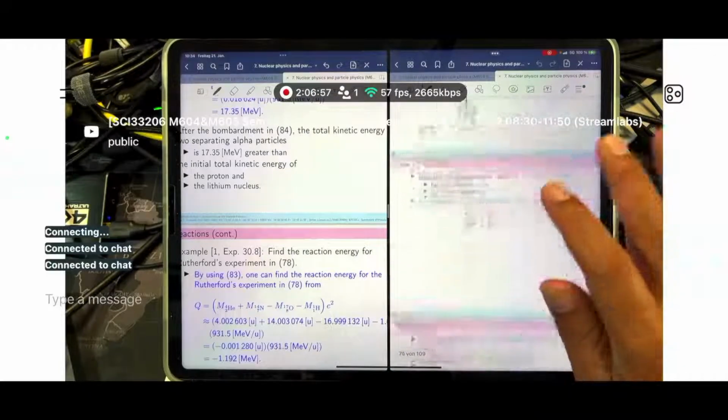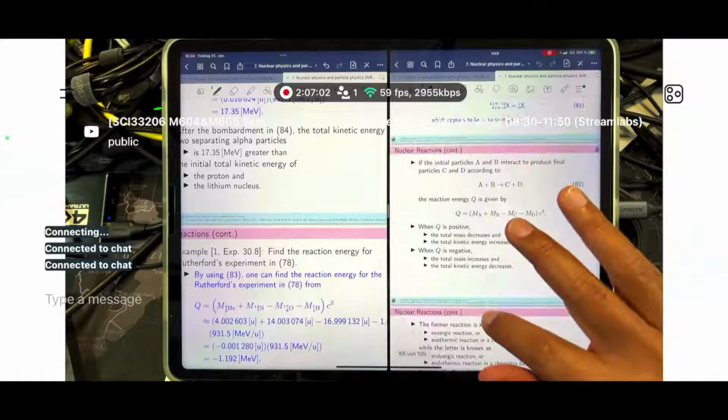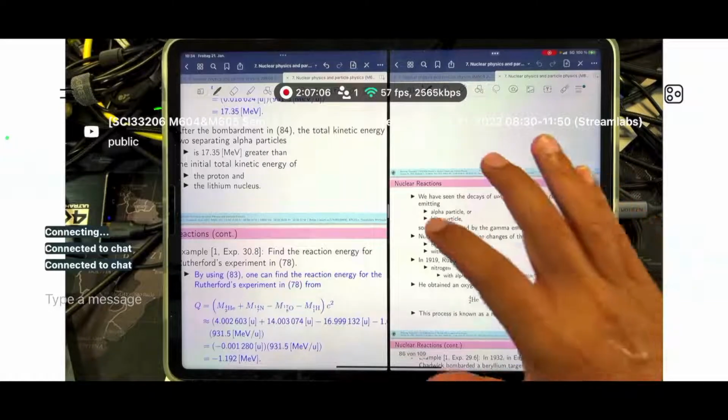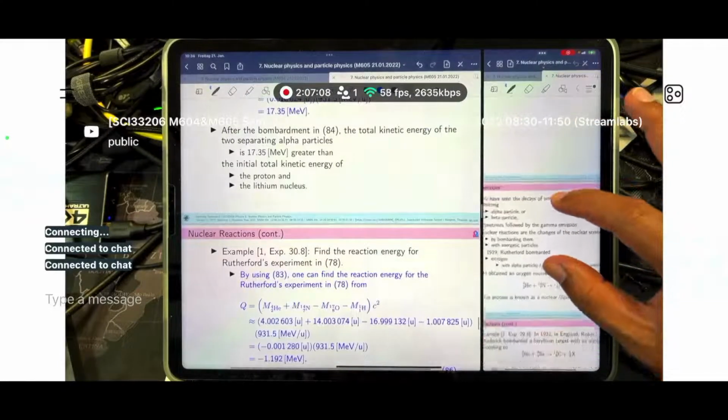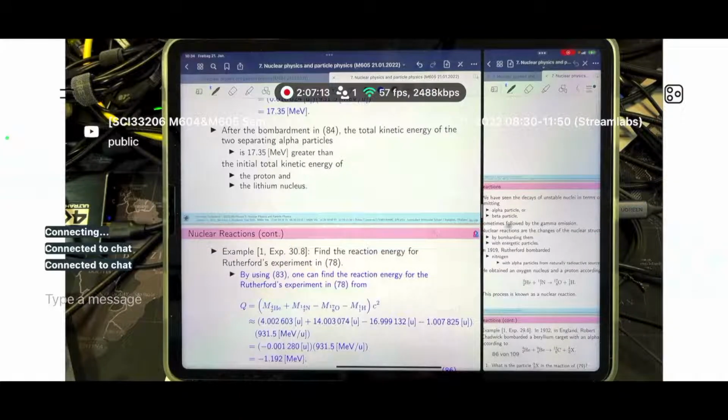This is the gamma decay, carbon dating. Here in 1919, Rutherford made the experiment, right?